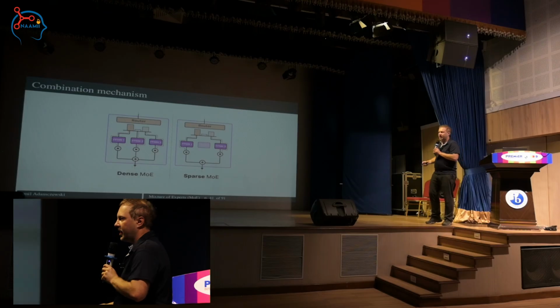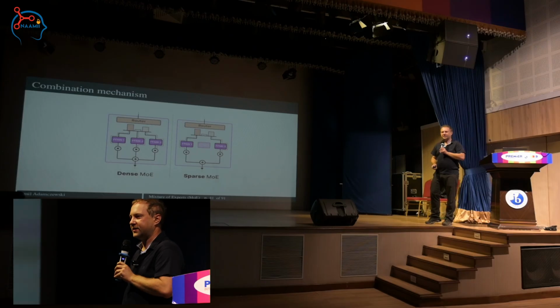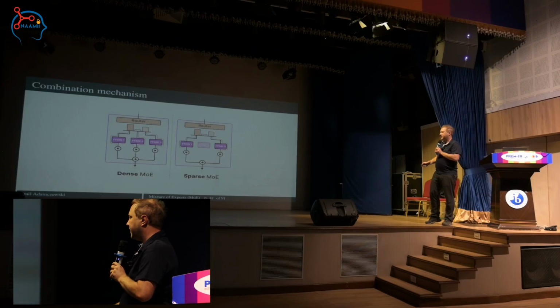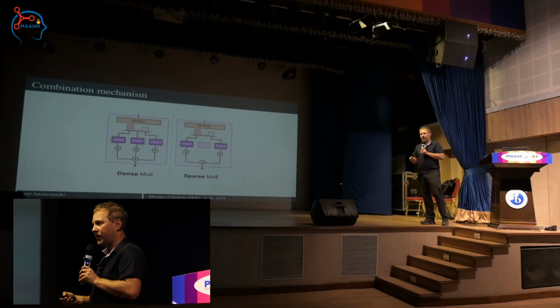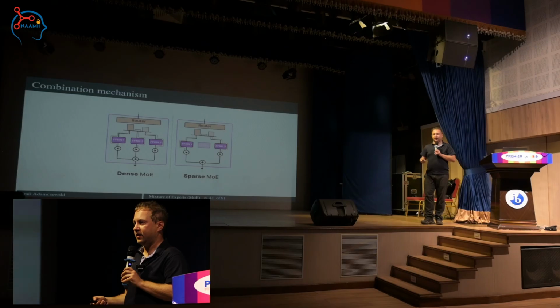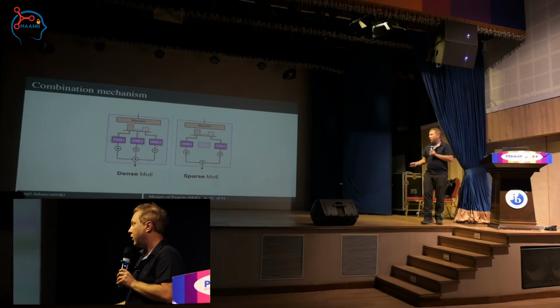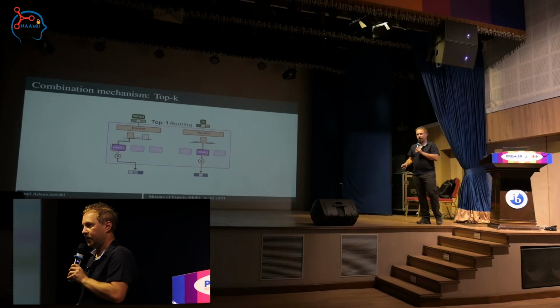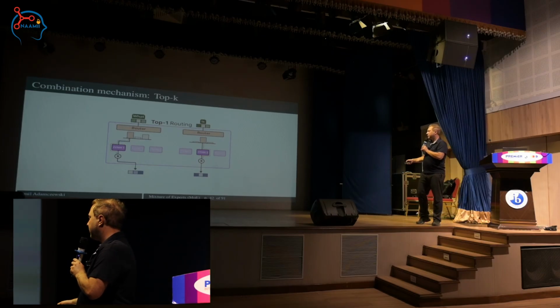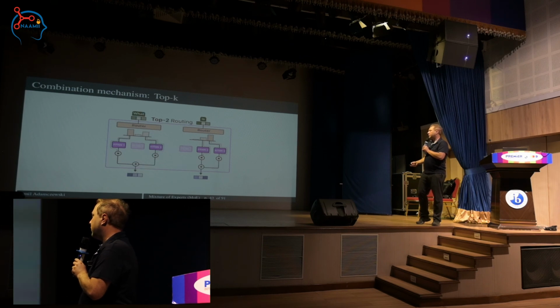So computationally, we will save the computation from this one FFN layer. So this is the key behind the sparsely gated or sparse mixture of experts. This is an example of top 1, where we only choose 1 of the FFN layers. This is an example of the top 2 routing, where we choose 2 of them, etc.